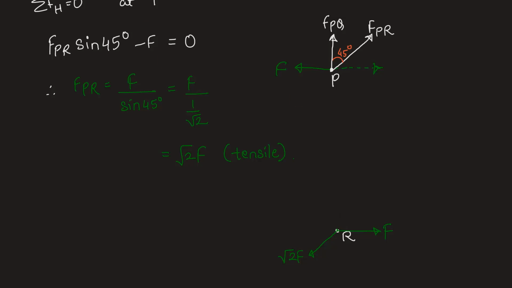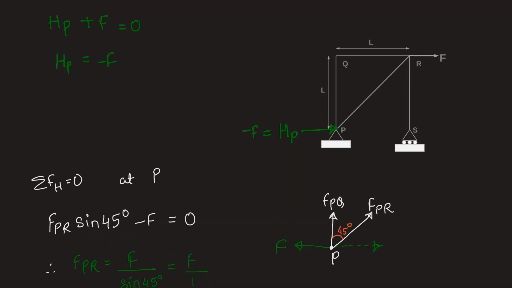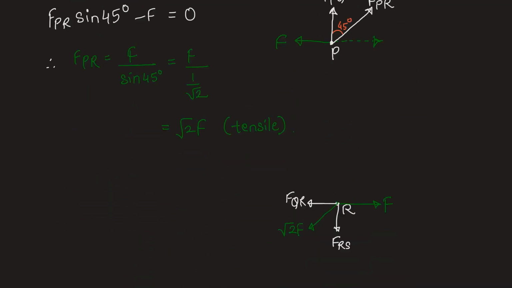Then the unknowns are obviously the force in member QR, that's FQR, and the force in member RS, which we need to find out. Is there any other force? We'll check it. No, there is no other force.